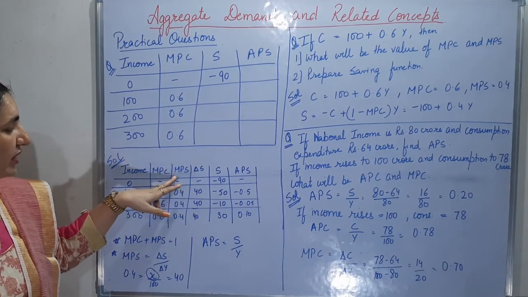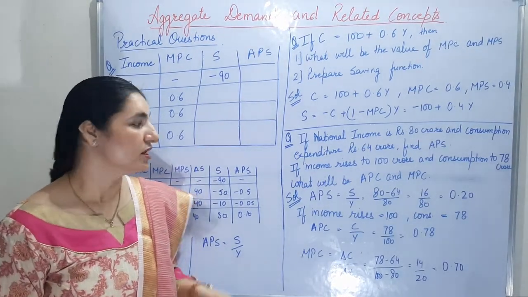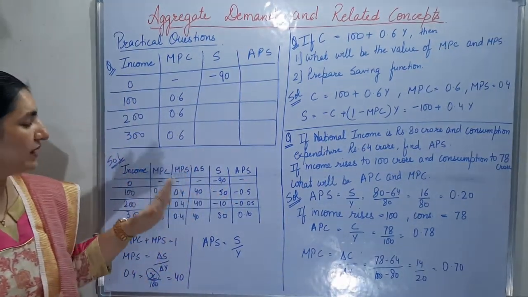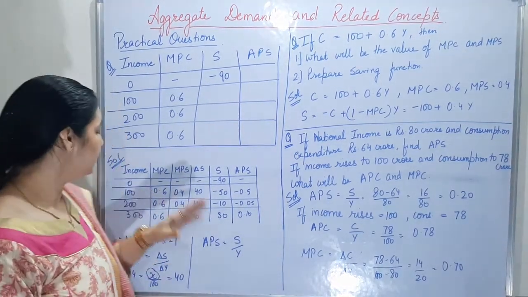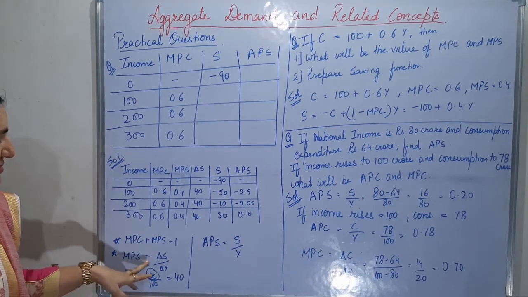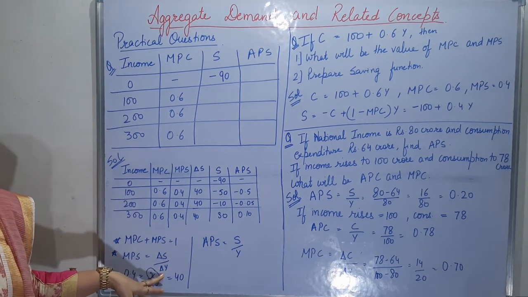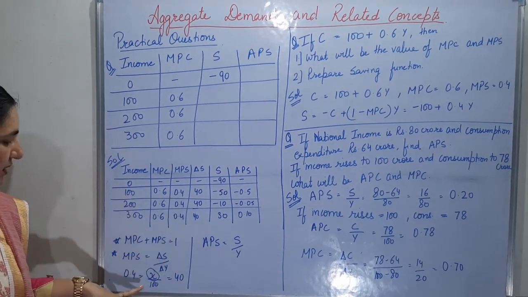Next, as we are provided with MPC and MPS, we can calculate change in saving from this data. Change in income is already with us. So MPS is change in saving by change in income. 0.4 is the value of MPS.